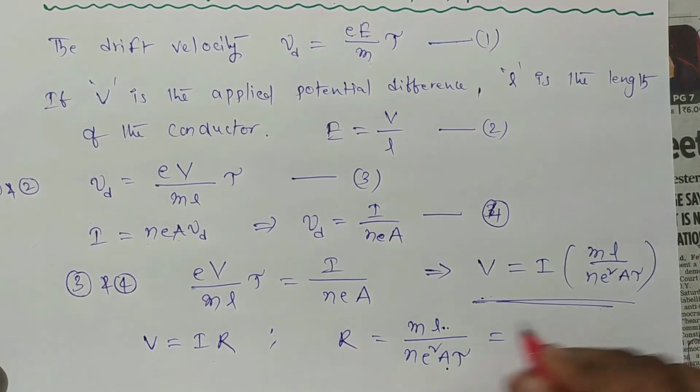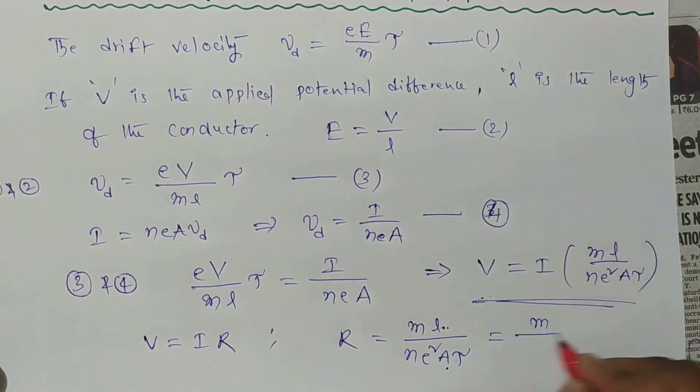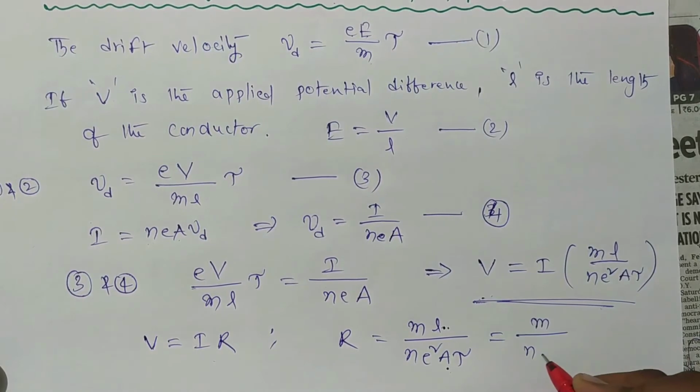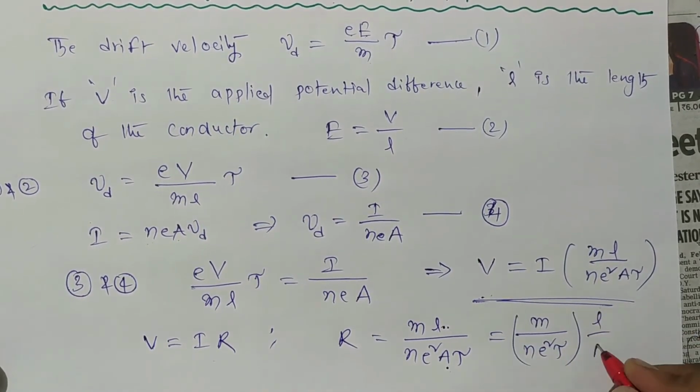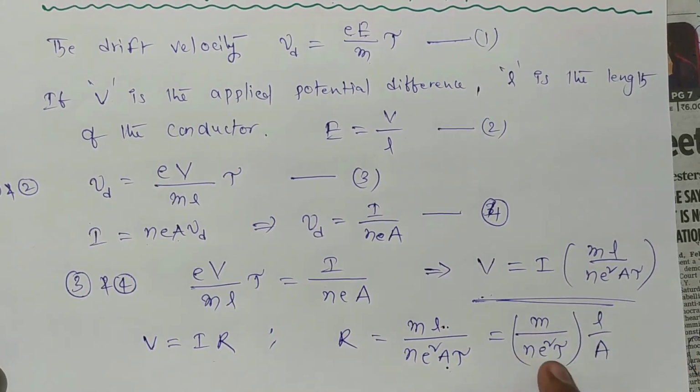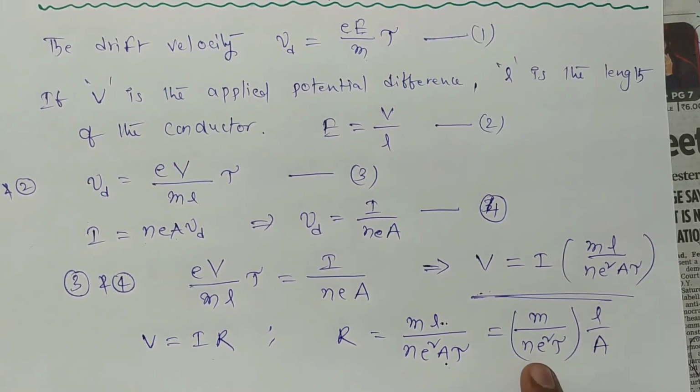I am separating L and A, that is m by n e square tau into L by A. Here m by n e square tau are constant values, which do not depend upon the size of the conductor.